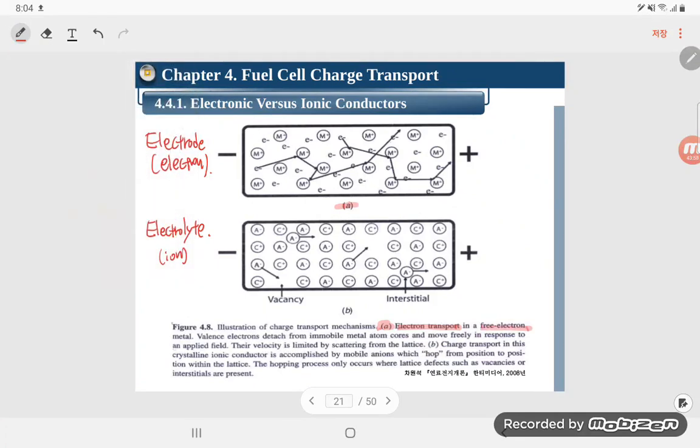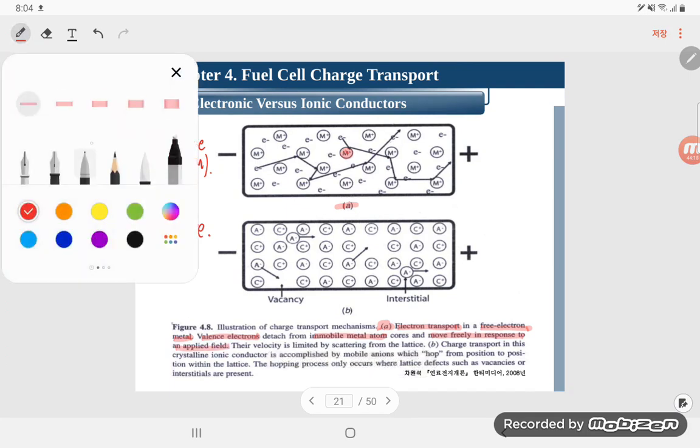In a free electron metal, the valence electrons detach from the immobile metal atom core, M+ in here, and move freely in response to the applied field.